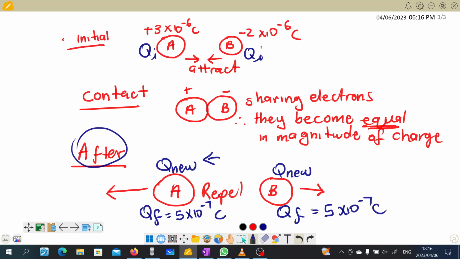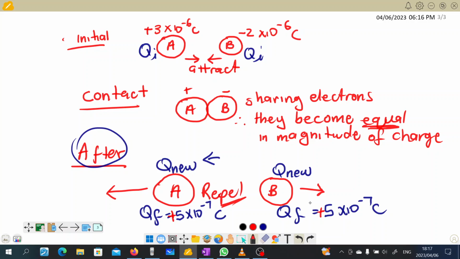Both now they are positive, and this one is also positive. So they are positive and they are pushing each other away. That's why they repel each other, because they are positive. So this is what they wanted us to calculate, the Q final of charge B.